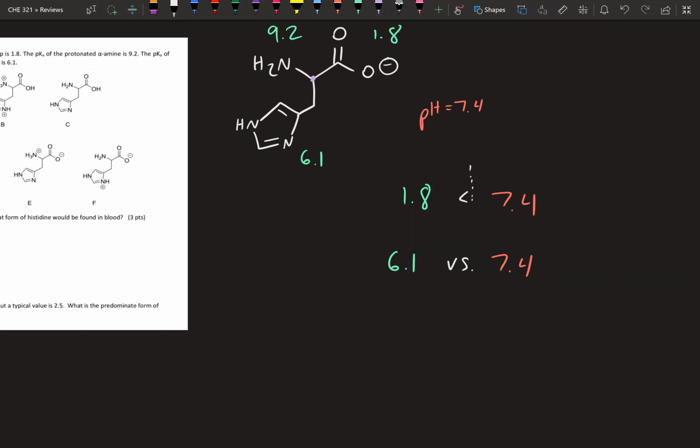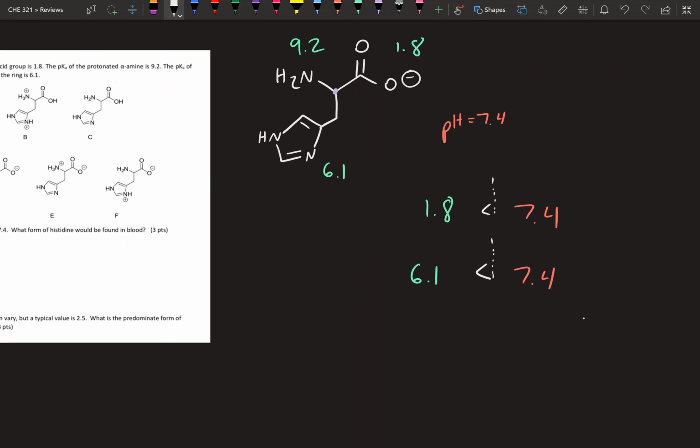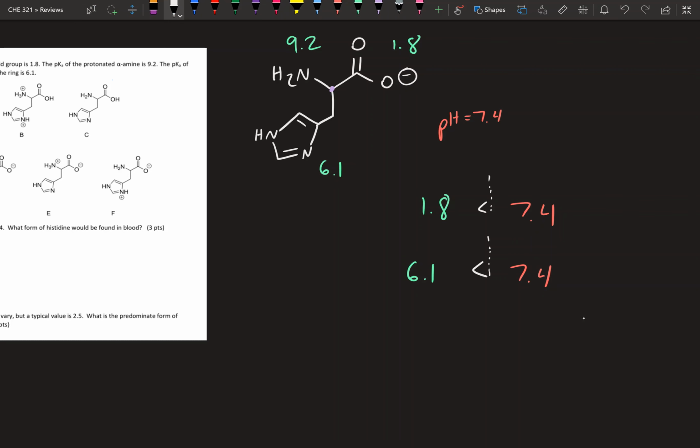Okay? And if you want to think about it the other way, that 7.4 is greater than 6.1, and so it's going to deprotonate. Now, if we look at our nitrogen in a neutral state, which is this one over here, there is no hydrogen on it. So there is no deprotonation, so we can leave it like that. Okay? If they drew a hydrogen there for you, then you would have to deprotonate it.